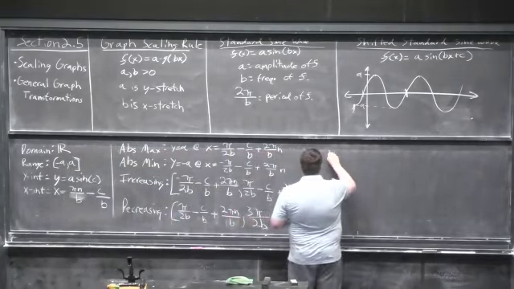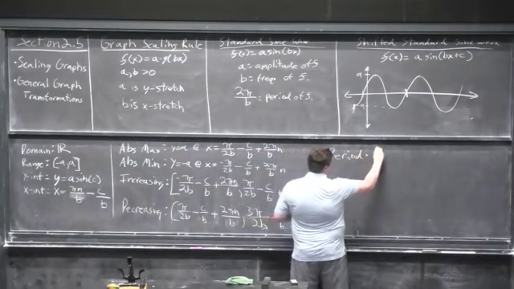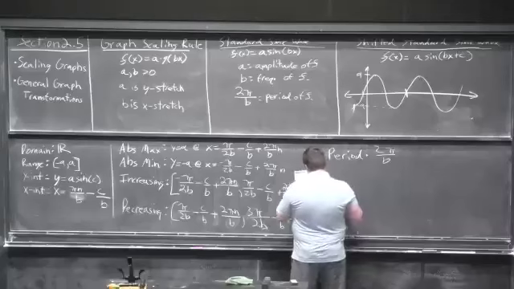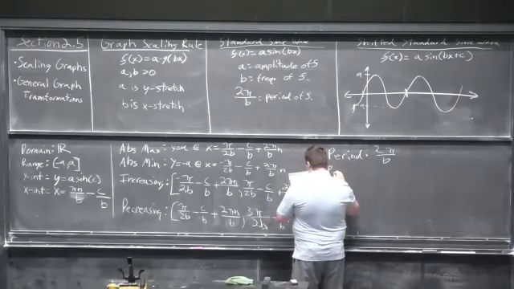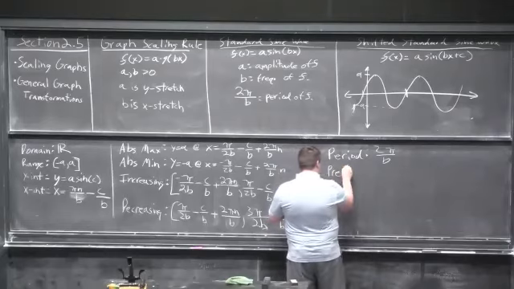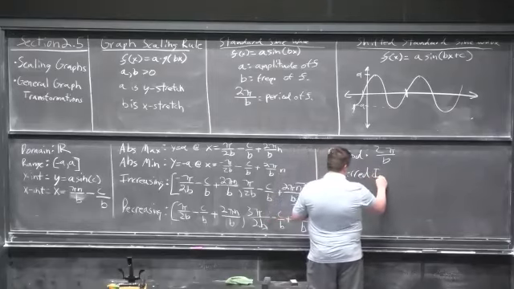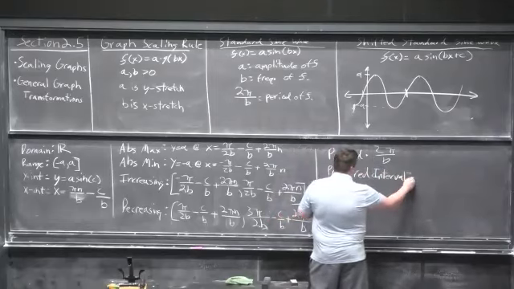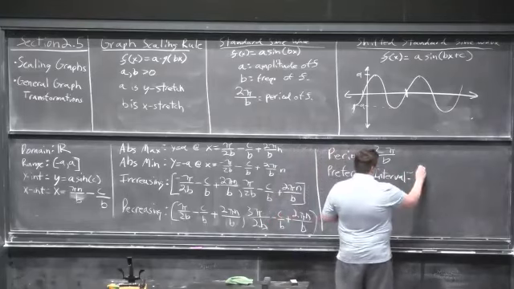So we've already talked about it a lot, but here's the period, which is 2 pi over b. We can also describe a preferred interval, or we'll sometimes call this the base interval. And for a preferred interval, we want to find a start. Where's the start?